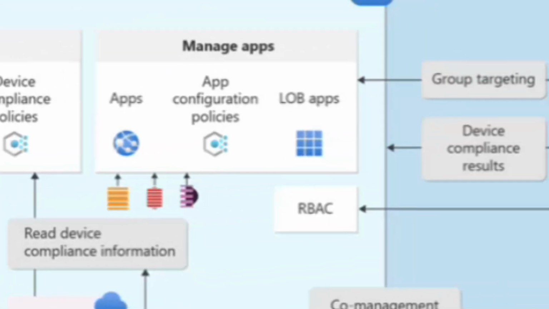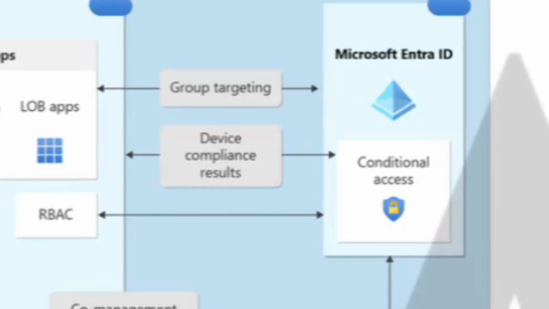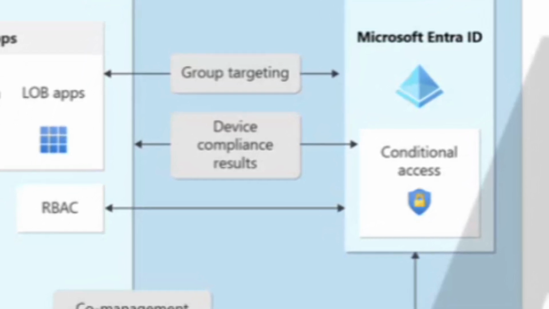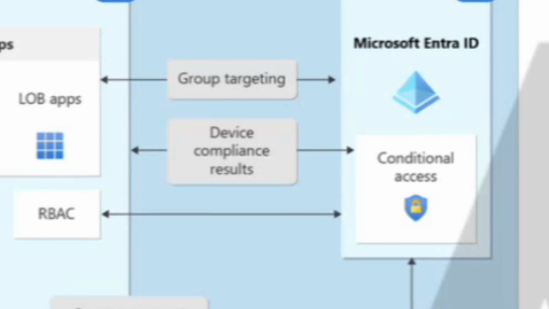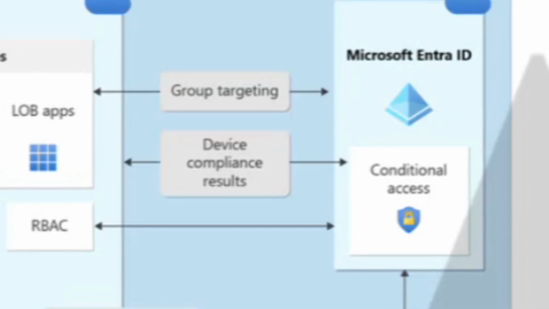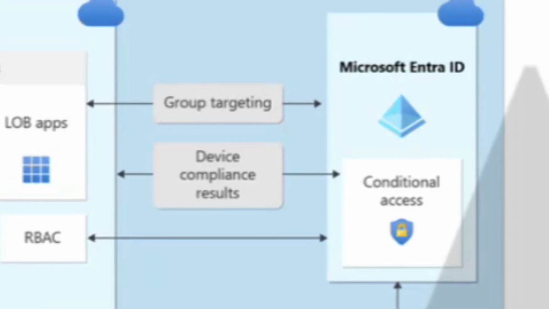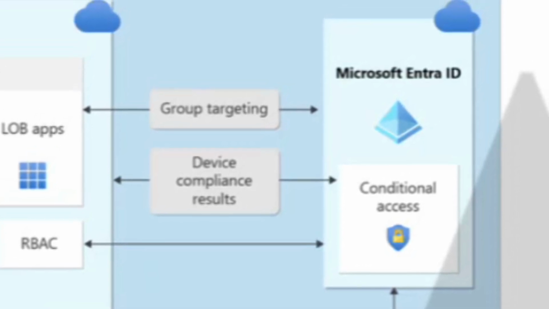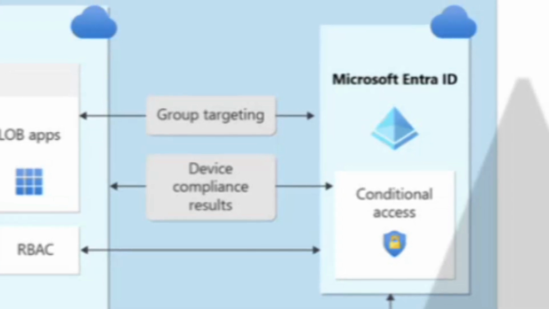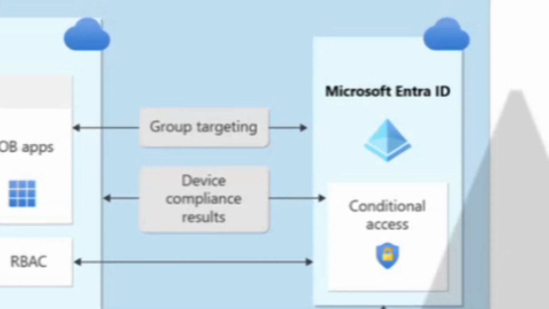So it is integrated with Microsoft Intra ID, which is like Azure Active Directory, or maybe AD, if you know. So this is now in cloud, which is called Microsoft Intra ID. Microsoft Intra ID helps you to manage identities, and it helps you to provide conditional access based on the compliance. So if you're not compliant, you will not get access.